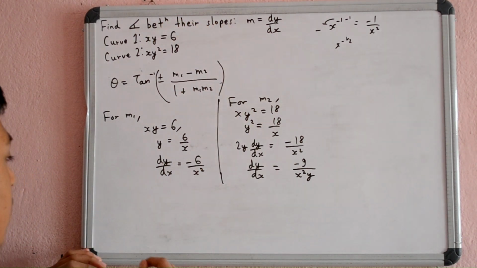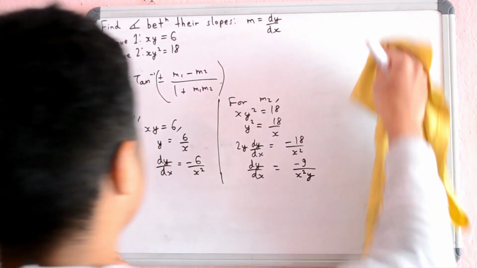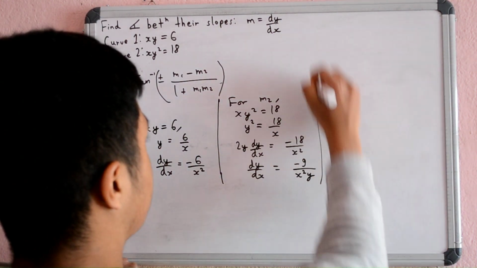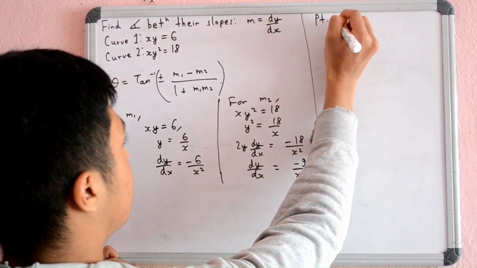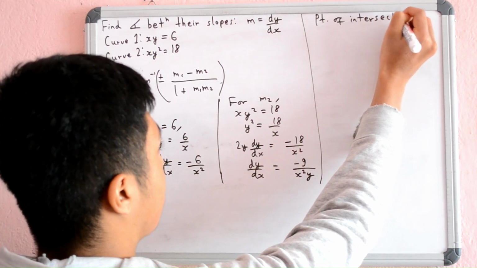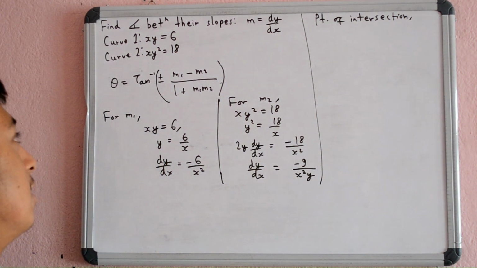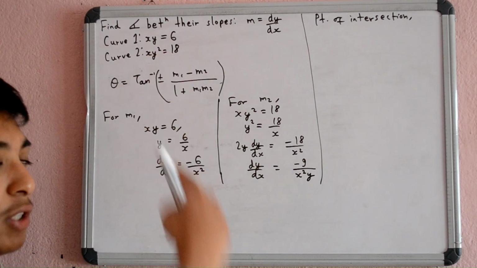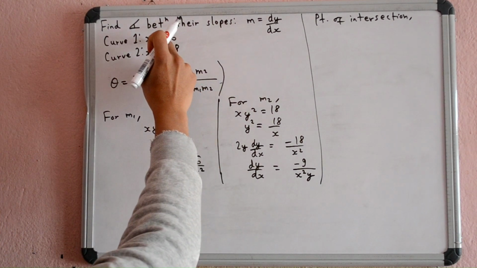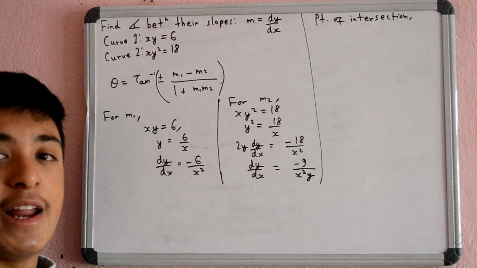Let's do that over here. This is in fact very simple, because for the point of intersection the curves will be equal to each other, and then we can find x comma y.